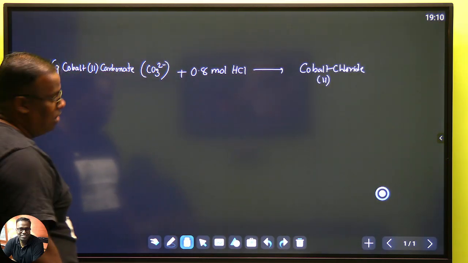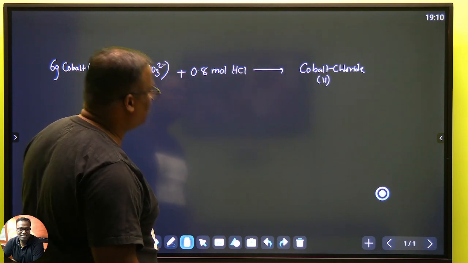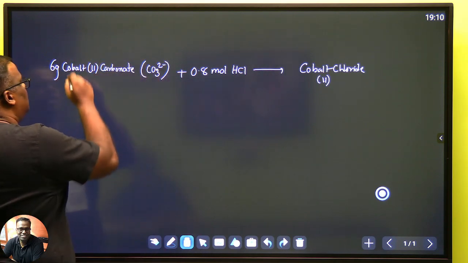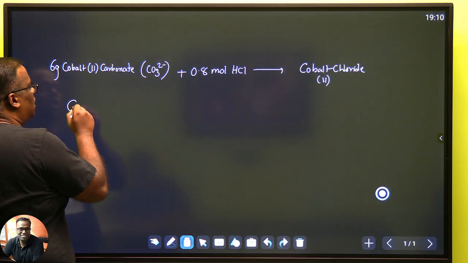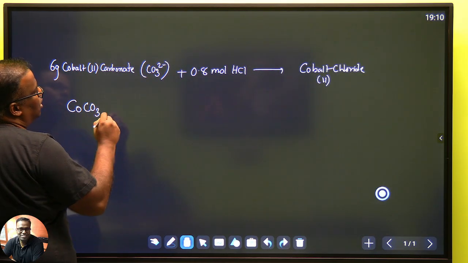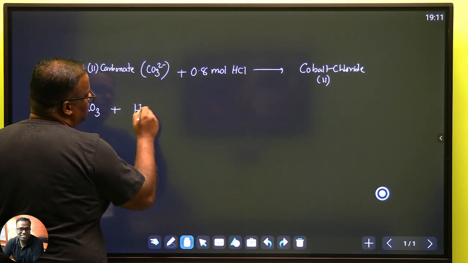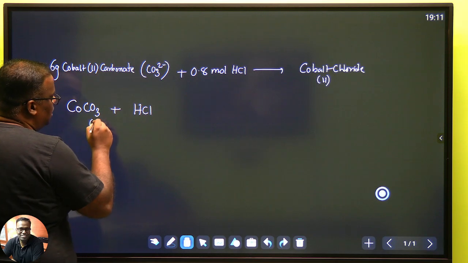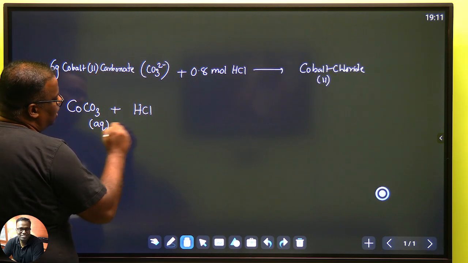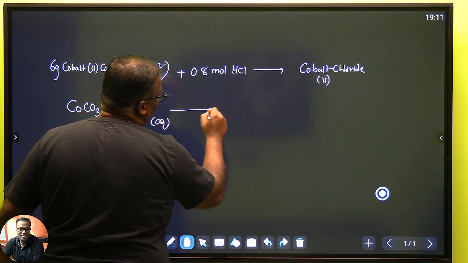Let's see. Acid is reacting with a metal salt, so it will displace. So let's first write down the reaction. Cobalt carbonate, CoCO3, reacts with hydrochloric acid. Cobalt carbonate is a salt, it is aqueous. What do you form?